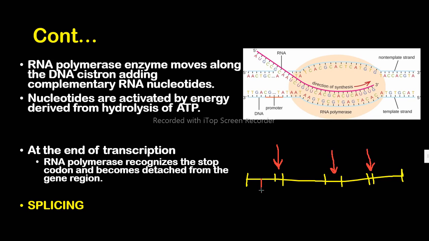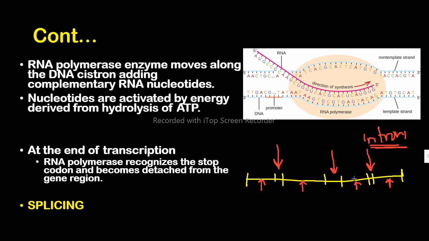But now this is the coding region, even this one, even this one, even this one. Now these non-coding regions within DNA are known as introns. Yes, so we have said that these non-coding regions are known as introns.